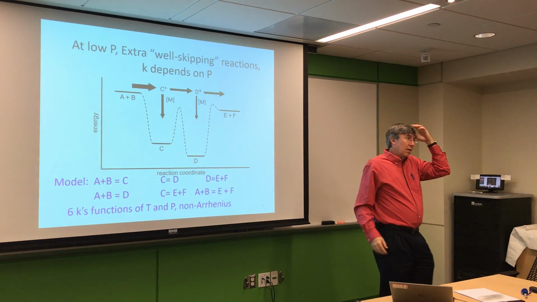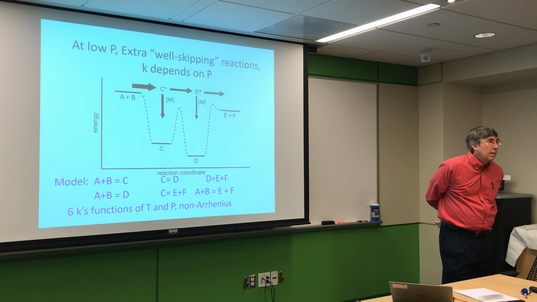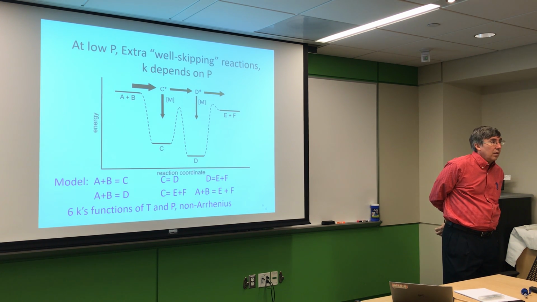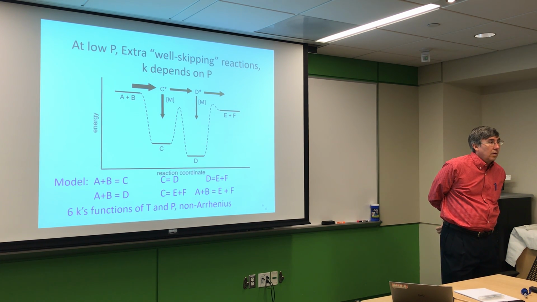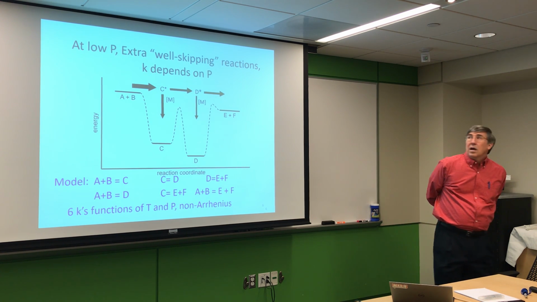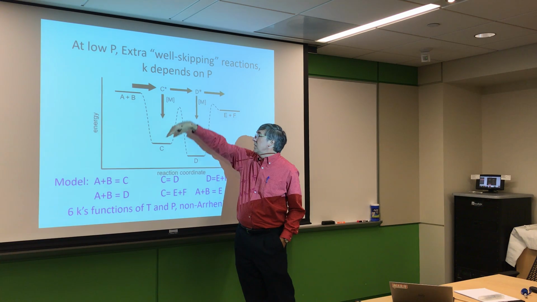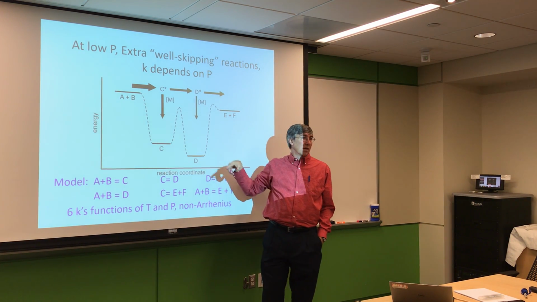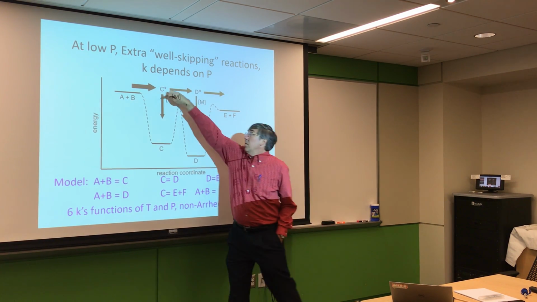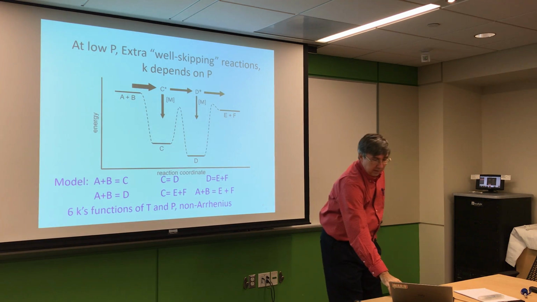Yeah? So you're basically saying that you don't have C and D, but there's a lot of pressure dependence on A plus B to E plus F, right? These ones also have pressure dependence too. As the pressure increases, A plus B goes to C faster, because more of it will go back to being like this case.